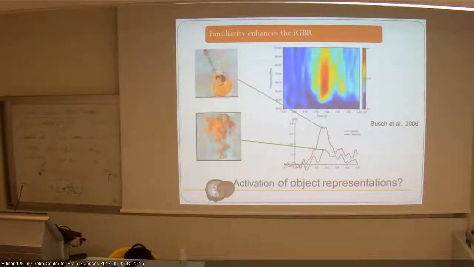So you see it gets stronger when you see a coherent object, but not when you take the very same object and just distort it using Photoshop. So it's the same colors, the same contrast, and so on. The only thing is that in one there is a coherent object, and in the other there is no coherent object.